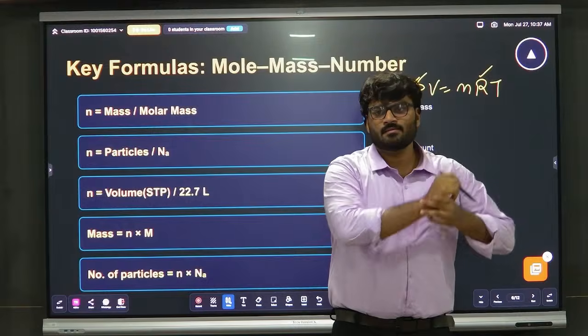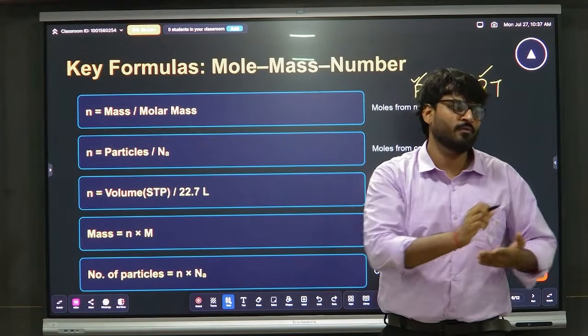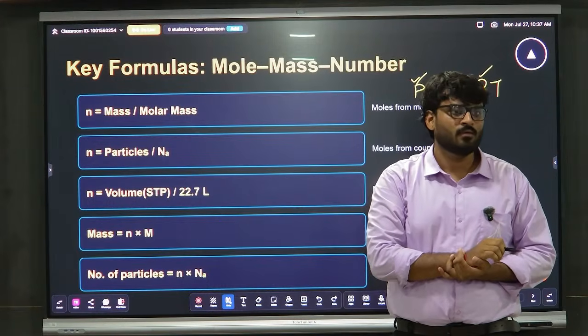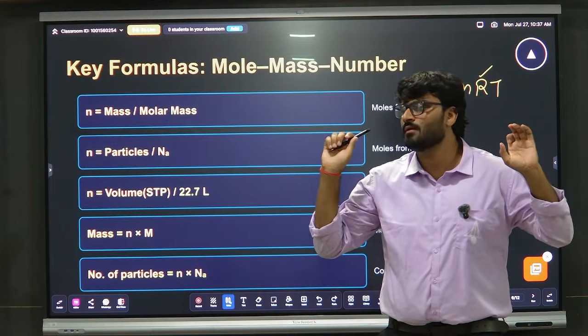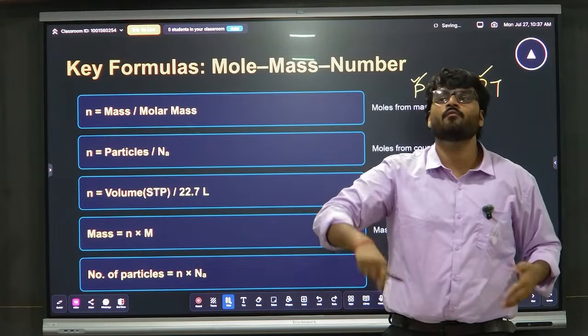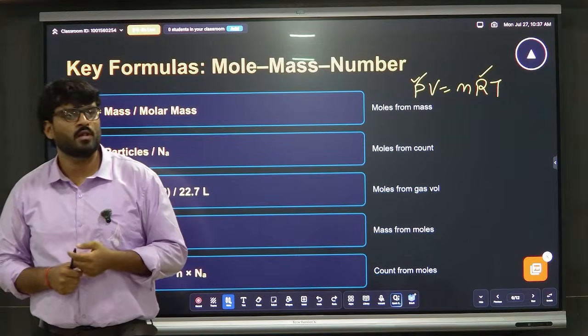One more question. Till date, I always get confused between when we use R as 0.0821 and when do we use R as 8.31. You guys are getting my questions? When do we use R as 25 by 3 or 0.0821, and when do we use R as 8.3? Can you tell me?